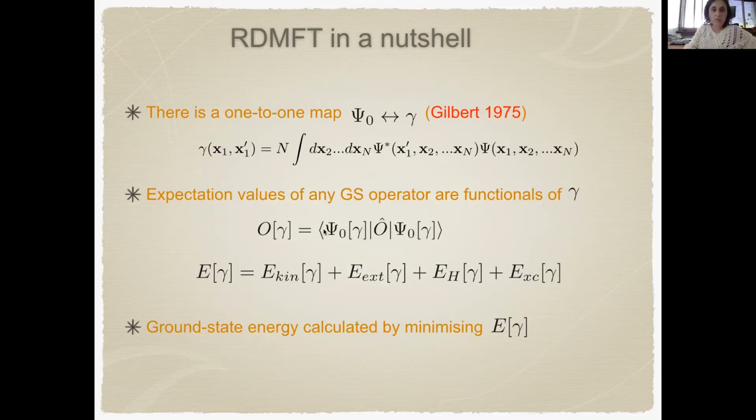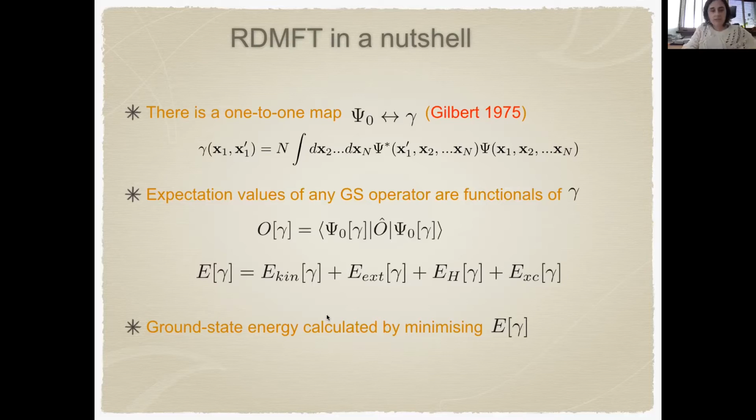This means that all the observables can be expressed as functionals of gamma, and in particular the total energy, which has several contributions, of which only this needs approximation, as I will show you. So essentially what we do, we minimize the ground state energy, and the ground state total energy is obtained at the exact density matrix.